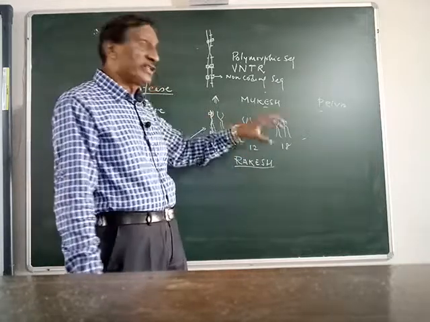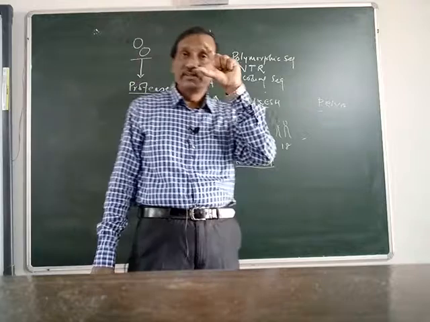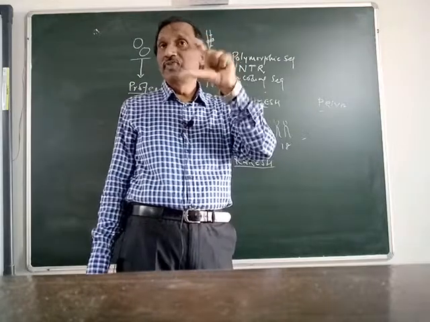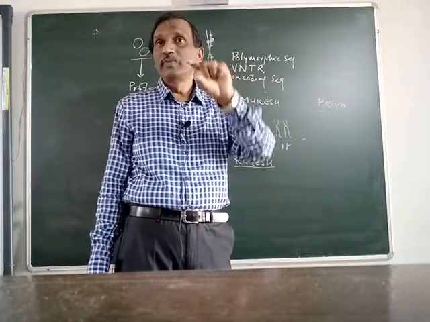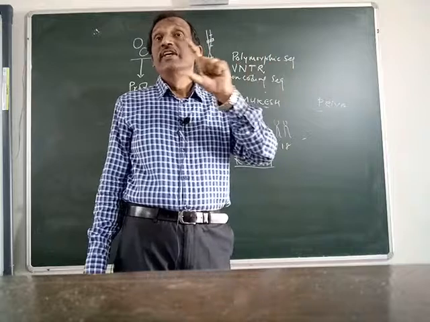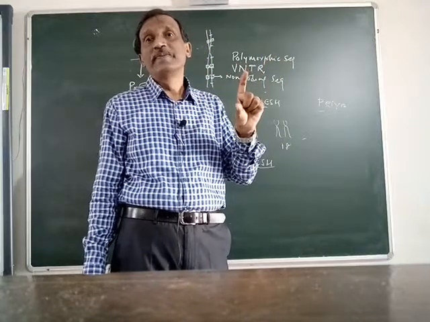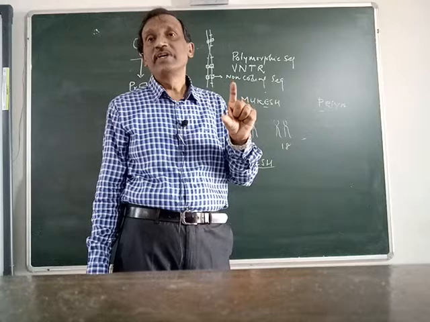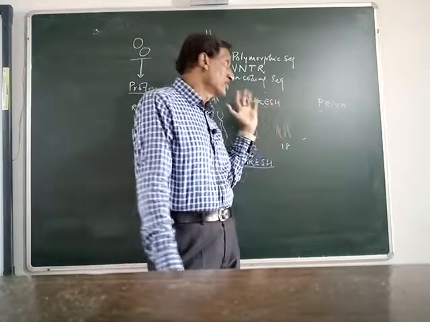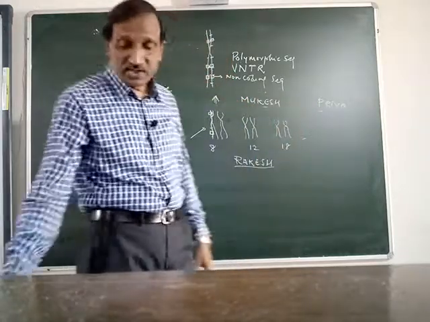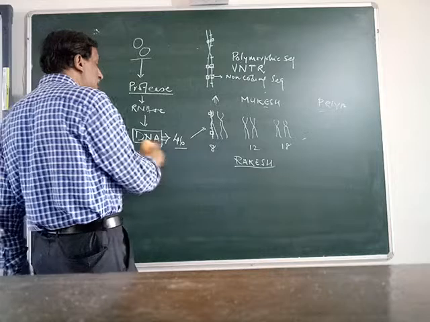So if we take the VNTR segments from different places, even in the same chromosome and in different chromosomes, even the siblings' similarity will be avoided. Okay, so this is the basis of DNA fingerprinting.